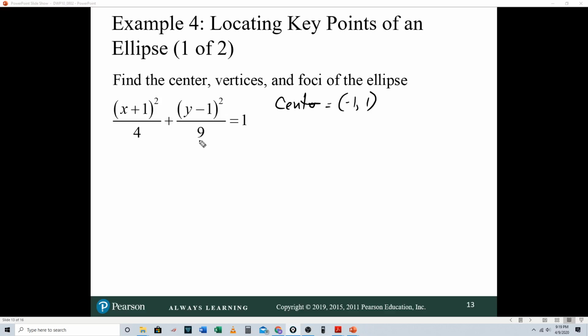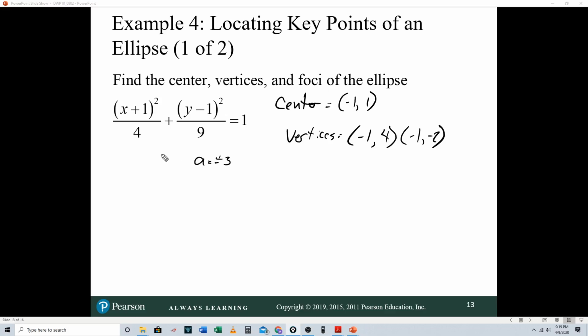It's going to change the y value, and that means a is equal to plus or minus 3. I'm going to take the 1, and -1 remains unchanged. I'm going to add 3 to that, so 4, and I'm going to take away 3 from 1, so -2. So those are the vertices.